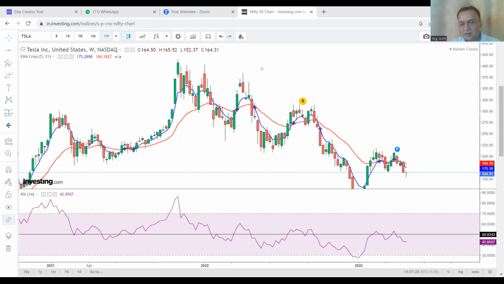What is the logic behind that? The price is below the weekly and monthly moving average.